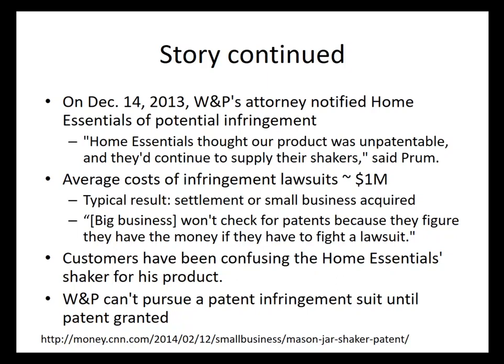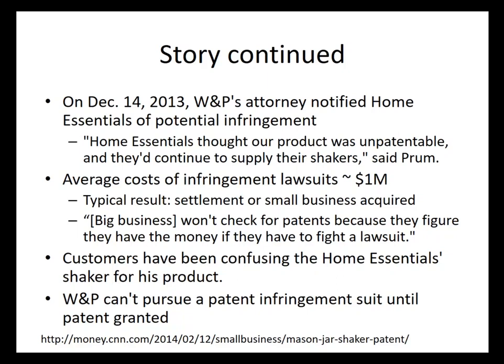So again, the original creator says, hey, you're infringing on our intellectual property. The imitator says, I don't think you can actually get a patent because you don't have one yet, and we're going to keep selling. You have the right to exclude if you have the patent, but you have to go to court to do that. The average cost of doing these lawsuits is $1 million.